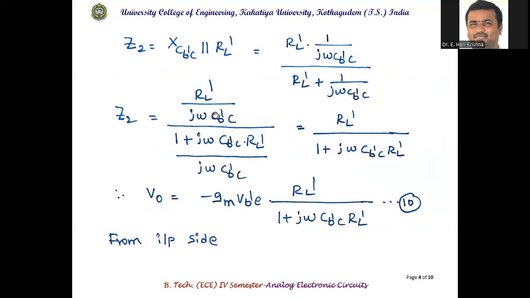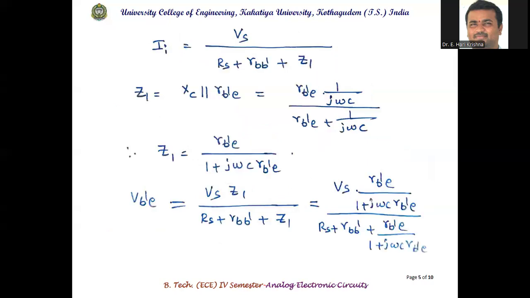Simplification of this leads to RL' by 1 plus j omega CB'C into RL'. Substituting the same in the above equation, V0 is equal to minus gm VB'E. In place of Z2, we are substituting this value, RL' divided by 1 plus j omega CB'C RL'. This is the output voltage.